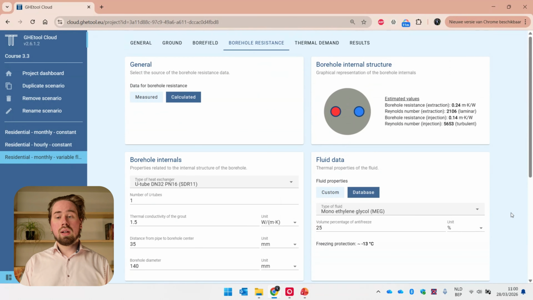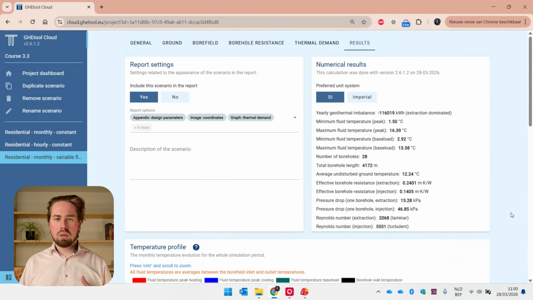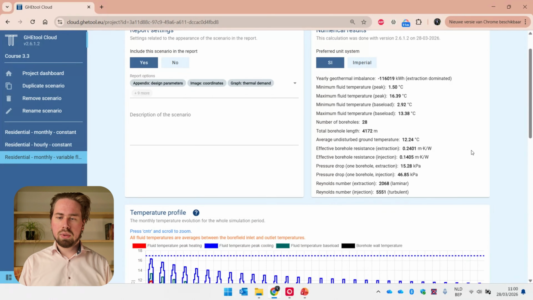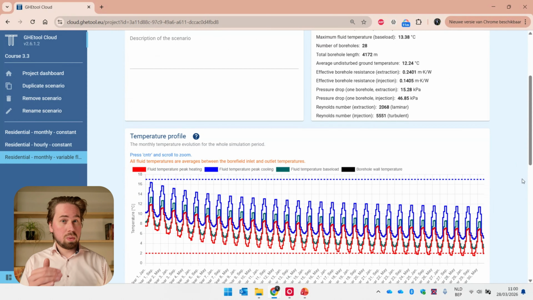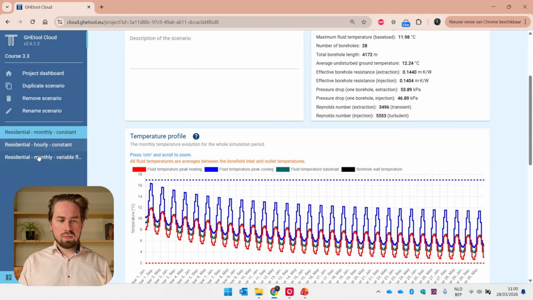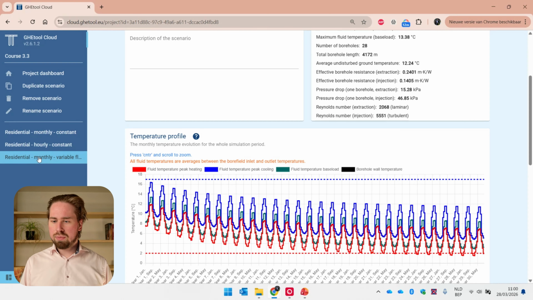So now at every month, we take the peak power, we calculate the flow rate, and we end up with this result. And what you can see already without looking at the profile is we're now at 1.5 degrees Celsius. So now we're basically not sized correctly if we compare that to our constant flow rate. So working with a variable flow rate in this case actually gives us a worse design.